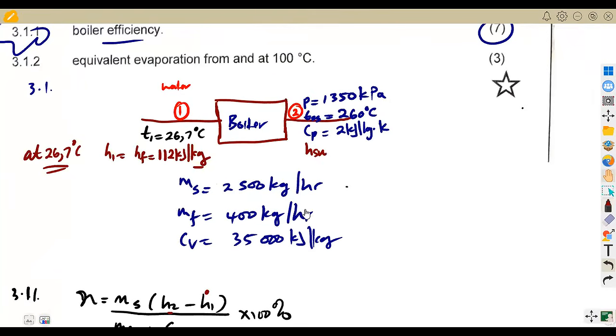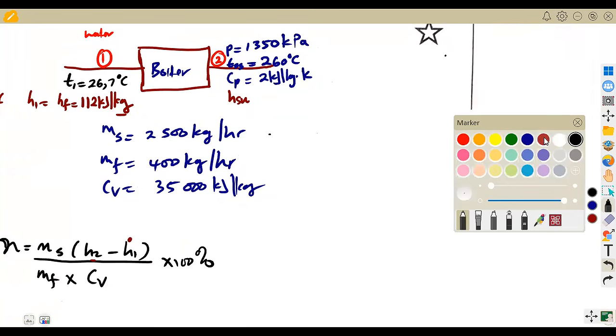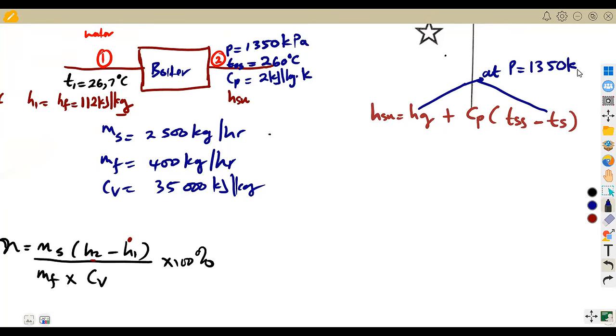So you're going to need a formula in this case to calculate H2, which is H sup. Remember, guys, that H sup is given as Hg, for the dry steam in this case, plus the specific heat capacity times the superheated temperature minus the saturation temperature, at the boiler pressure of 1350 kilopascal.